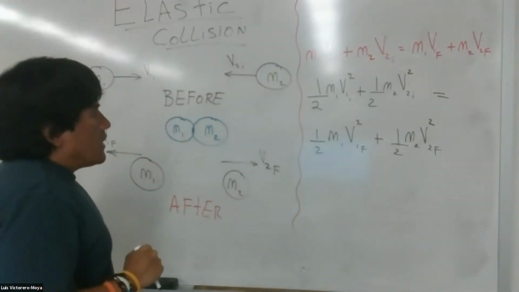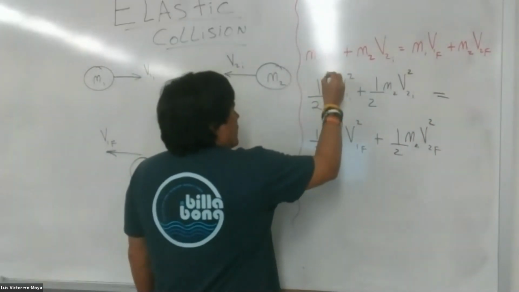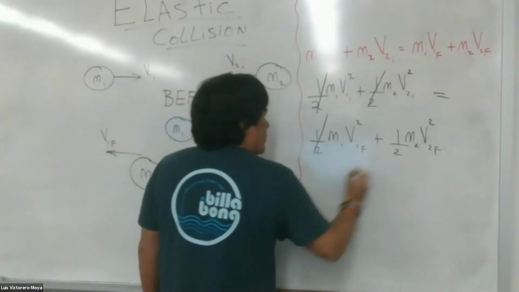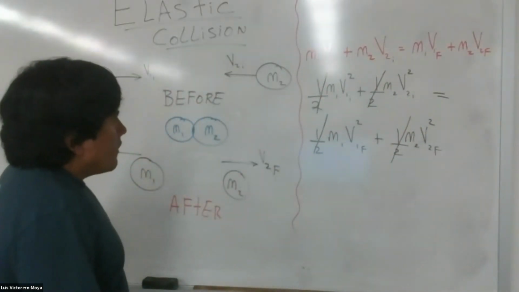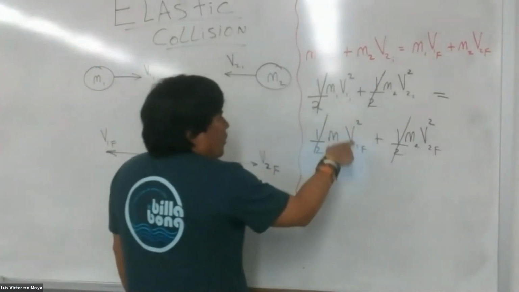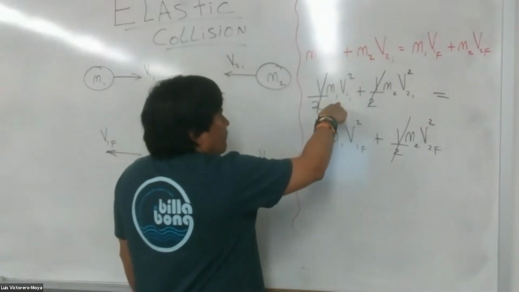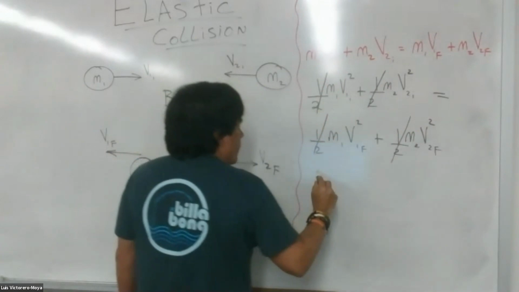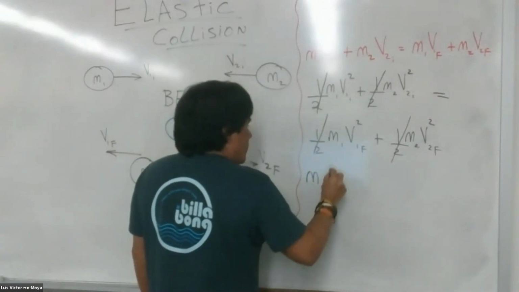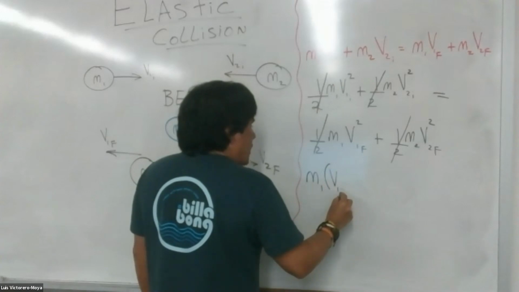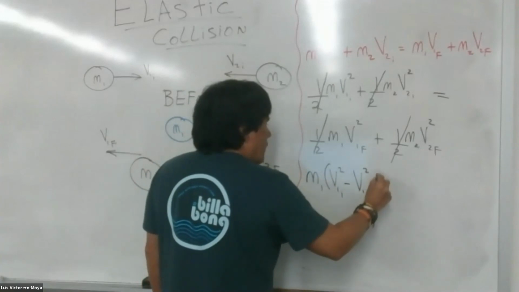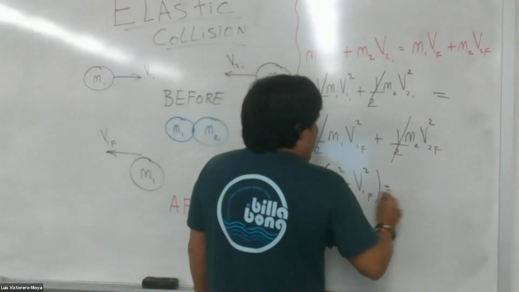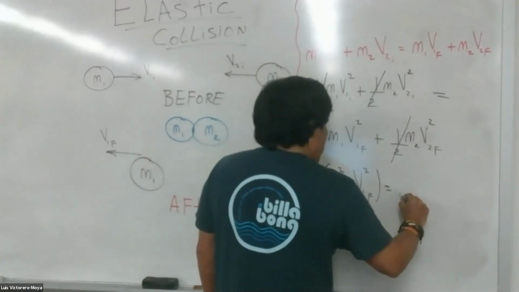The thing about this is that we can remove the halves and combine. Look what I can do. I can combine V1 final with V1 initial: M1 times V1 initial squared minus V1 final squared. And then this can go to the other side.